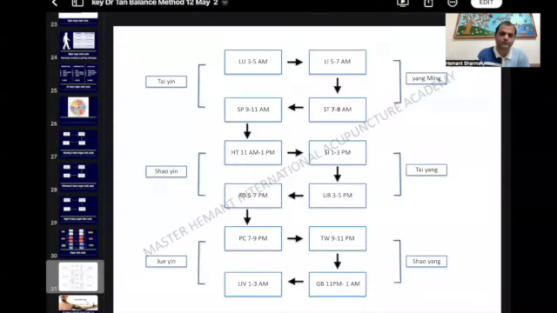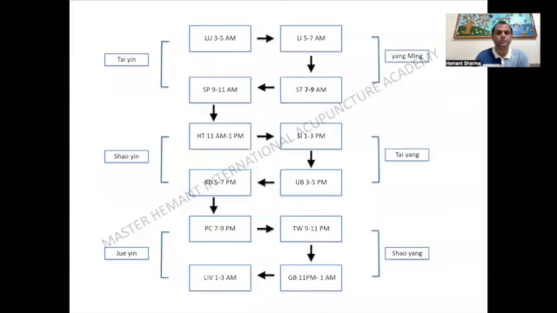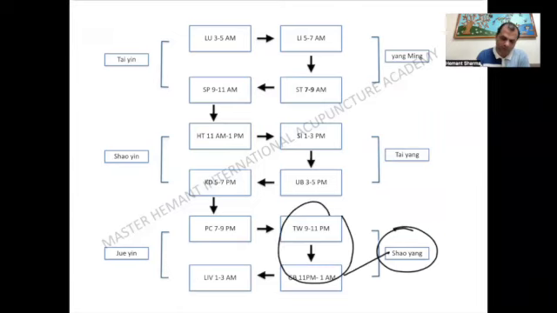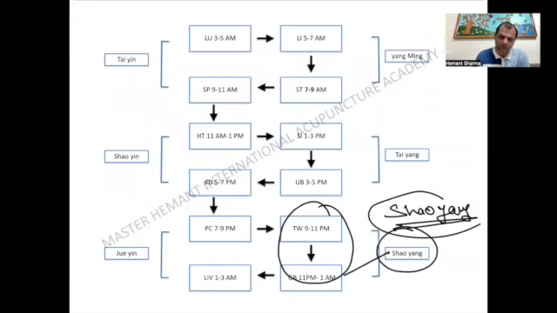So see this chart. Now you can see in this family we have gallbladder. So gallbladder and triple Warmer belong to the Shao Yang family. So resolve the matter within the family. The problem in the gallbladder, take the support of triple Warmer. The problem in the triple Warmer, take the support of the gallbladder.